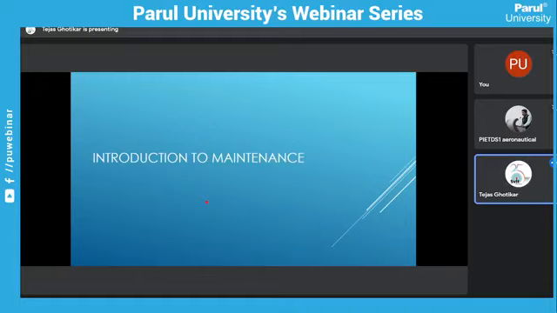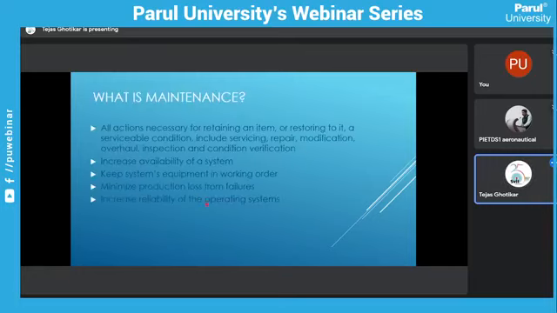Now, before going into vibration monitoring again, I would like to go over some introduction to maintenance. Maintenance is about condition based monitoring, where vibration monitoring plays a major role.